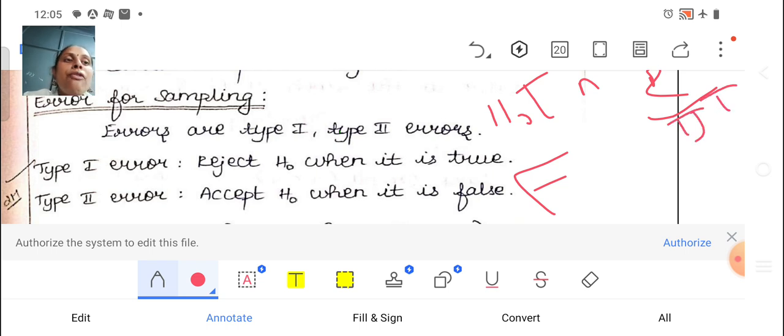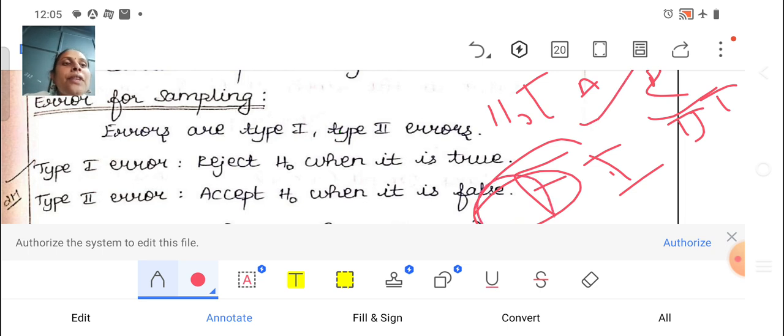If it is false and we accept, the type 2 error occurs. If it is true and we accept, it is a correct decision. If it is false and we reject, it is a correct decision. So there are two types of errors: rejection of H naught when H naught is true, and accepting H naught when H naught is false, which is the type 2 error.